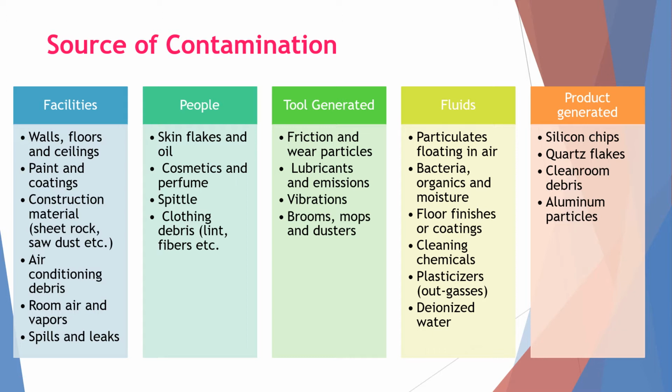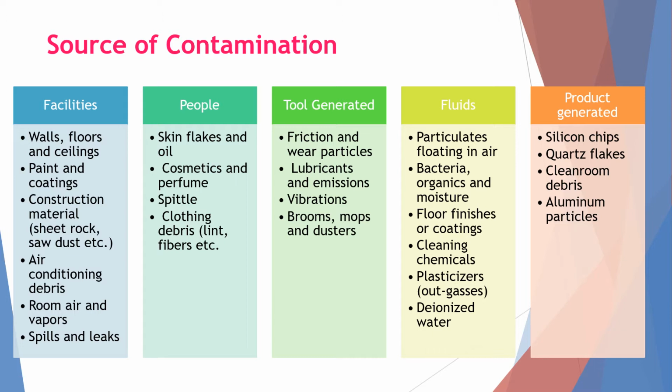That can be considered a contaminant also. For tool generated, as I mentioned previously, the tools that we use inside the clean room must not produce friction that creates wear particles, or lubricant, chemicals, or vibration. They must not create contaminants.